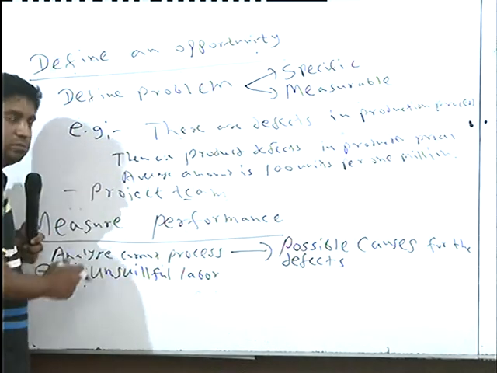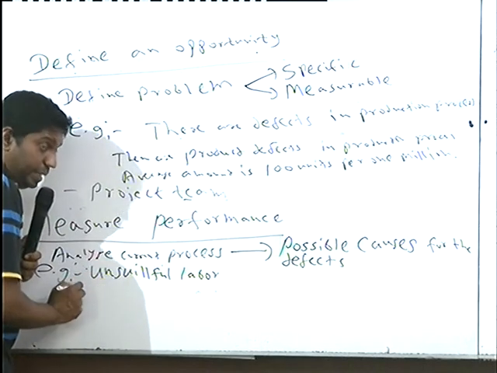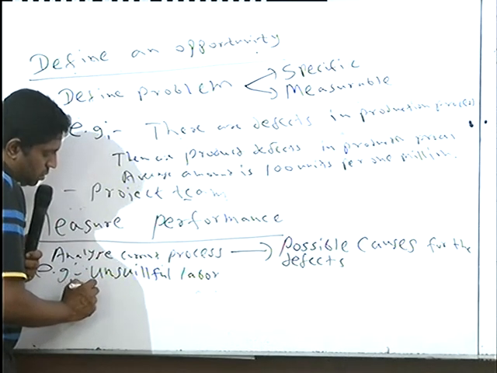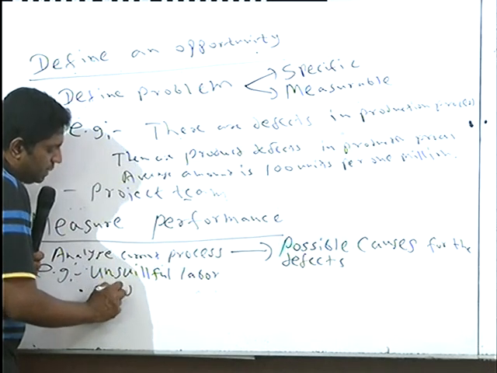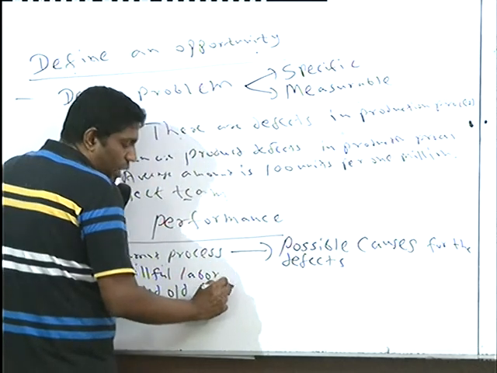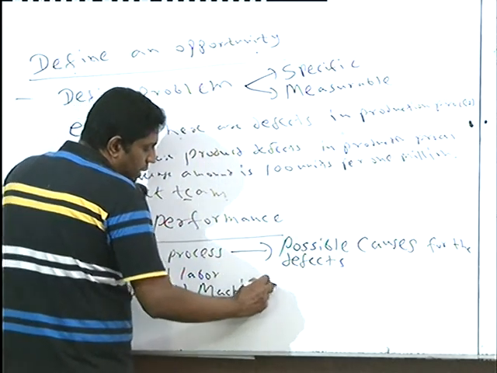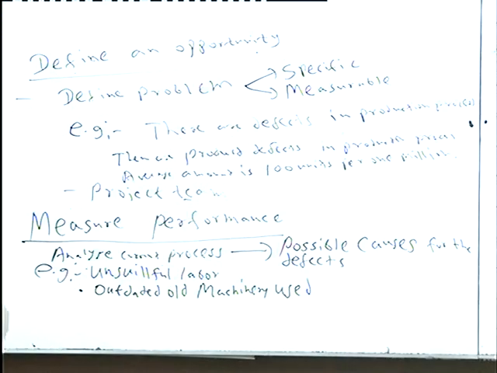Unskillful labor may be one contributing factor. Another problem may be outdated old machinery use. That may be another contributing factor.